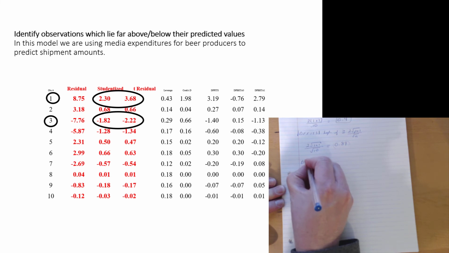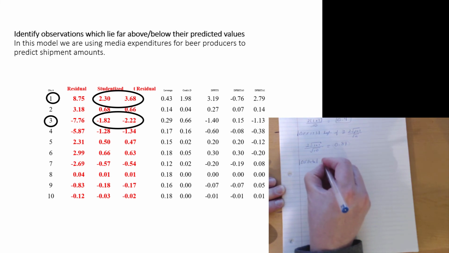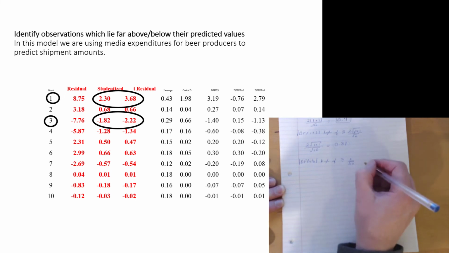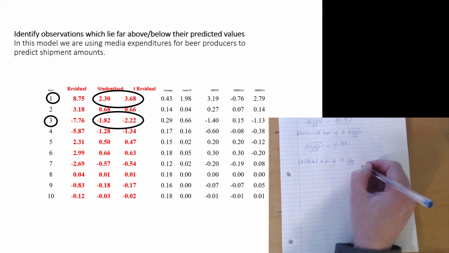Okay, so a DF beta value is high or large if, again, it is greater than or equal to 2 over the square root of n. We can then find that and determine whether DF beta 0 or DF beta 1 is large.